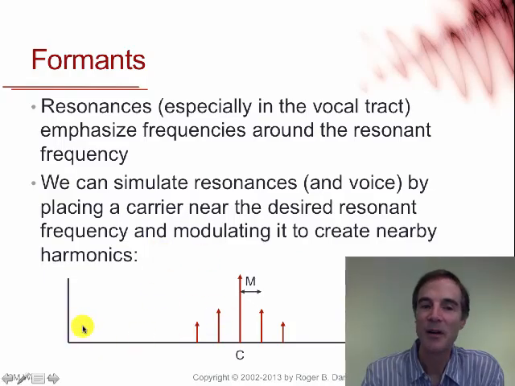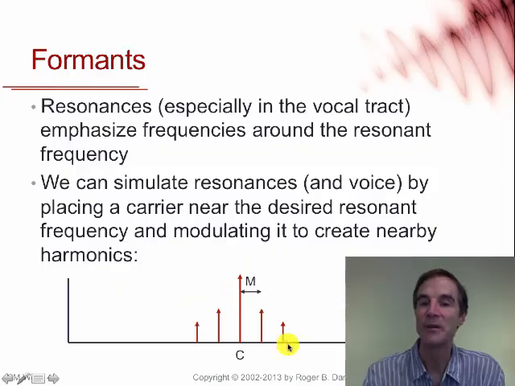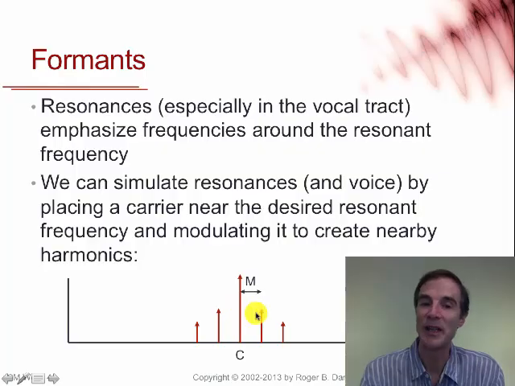So imagine if we had a harmonic spectrum that started way down here at the low end of frequency, but we filtered it with a resonant filter that emphasized frequencies in this region. The result would be a set of harmonics, equally spaced sinusoids in this frequency region, and that's exactly what we get when we modulate a carrier.